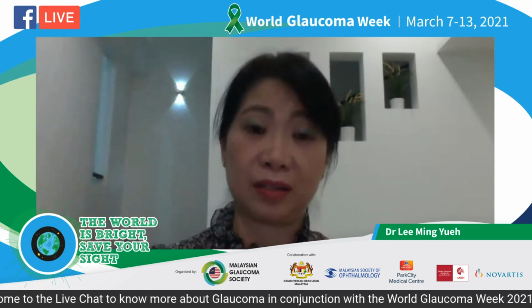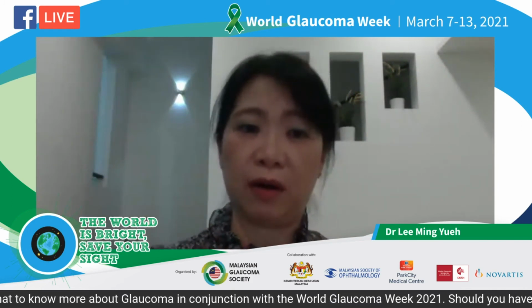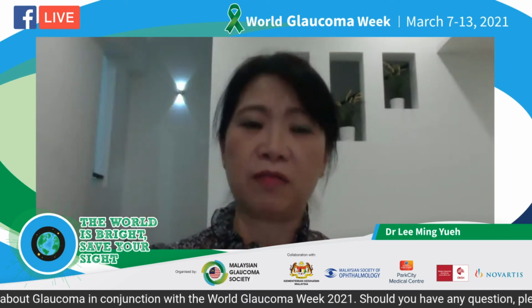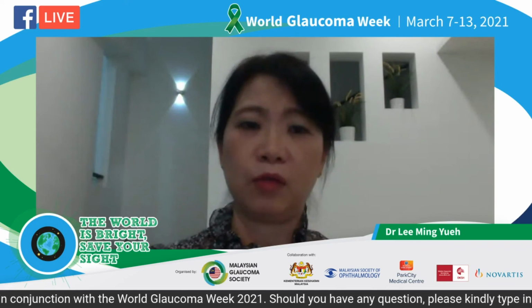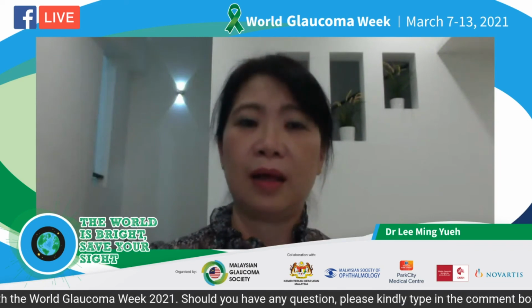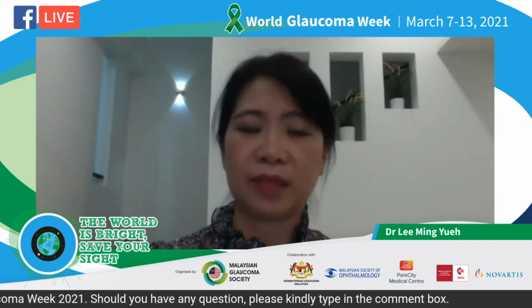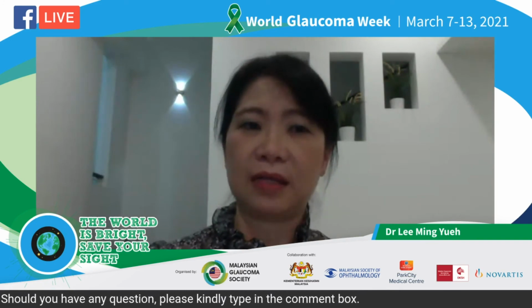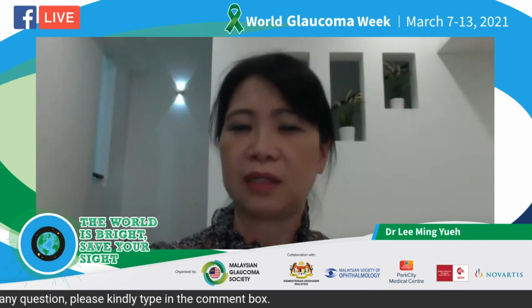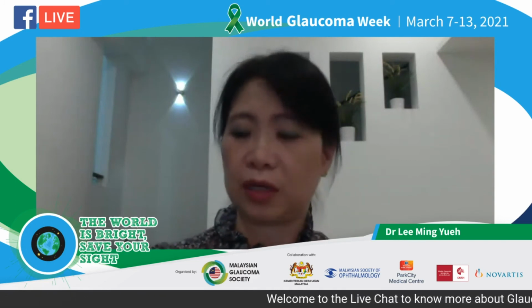But at the same time, you can have a stroke in your eye. The artery or the vein can get blocked, and you experience sudden loss of vision, and later it can give rise to complications like secondary open angle glaucoma. Then it can progress to angle closure as well.